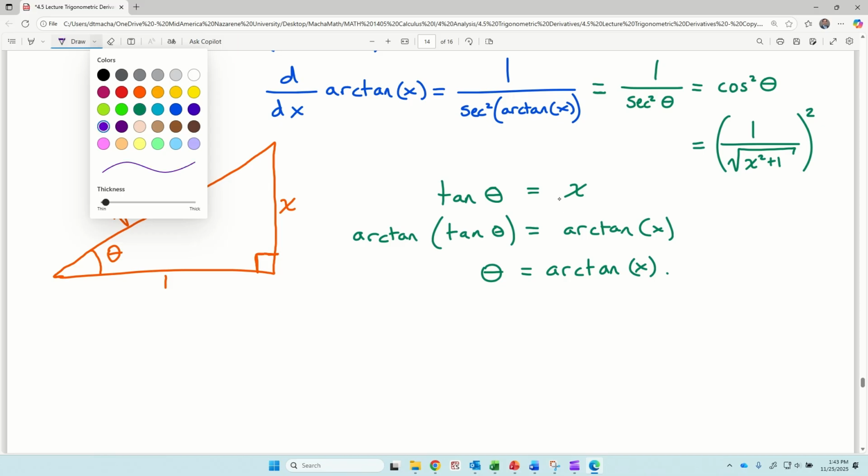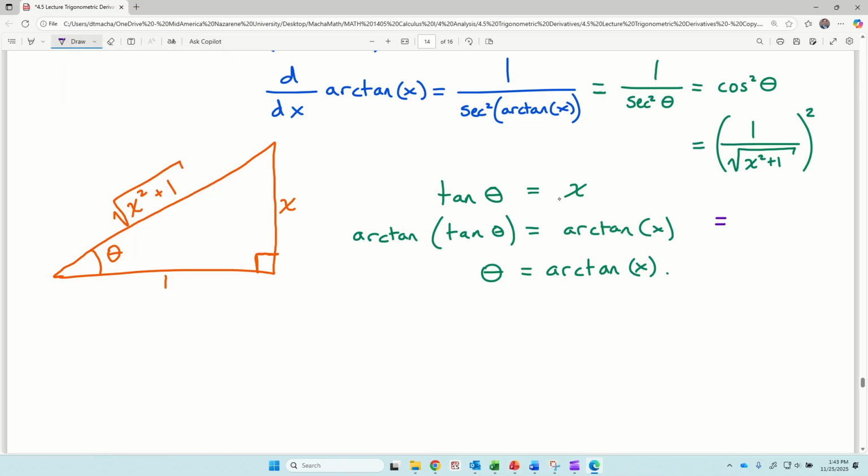And now I'm ready to write my answer, because the square root and the square will cancel each other out. And my final answer is 1 over x squared plus 1. That is how I write the derivative of arctangent of x. And that's exactly what I was trying to prove.